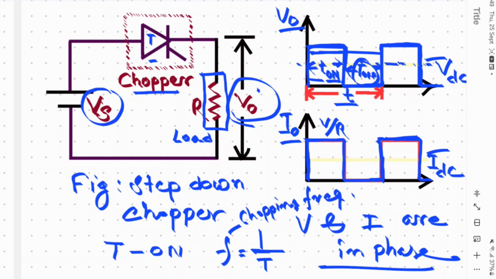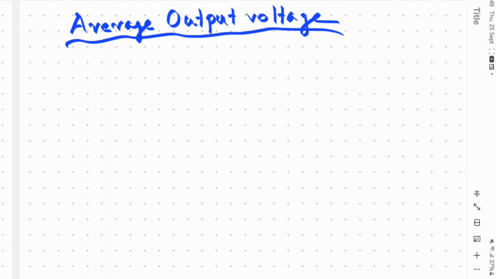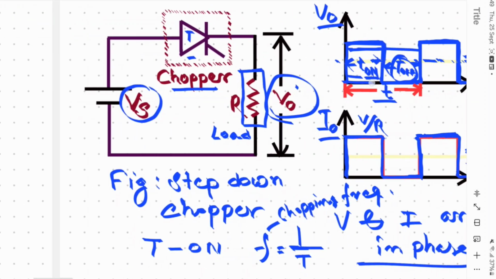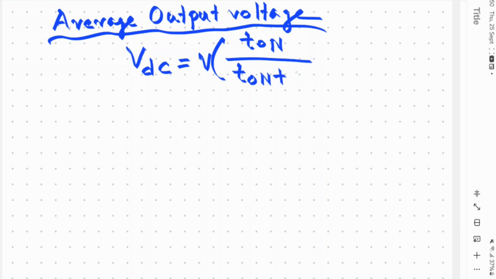Okay, now we'll find out the average output voltage and average output current when a resistive load is connected to this step down chopper. Average output voltage we can write from the waveform: when the switch is on, we get the voltage. So VDC is equal to V into T on by T on plus T off.